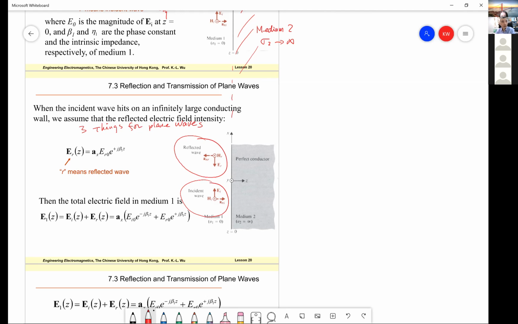First, polarization, right? Now let's see, for the reflected wave, what is the polarization? When the wave is normally incident on the wall, what is the polarization direction? I don't know at this moment, but let me take a guess. Very likely it is polarized in the same direction.